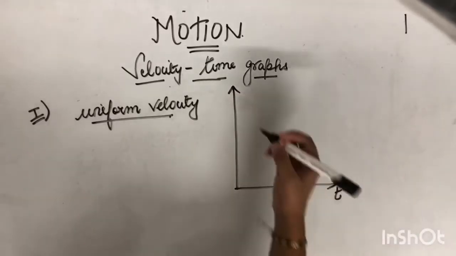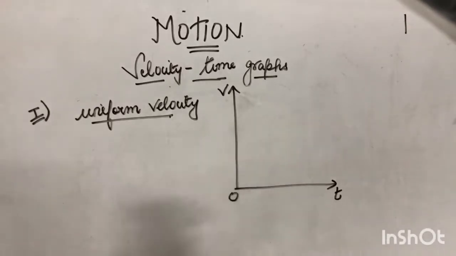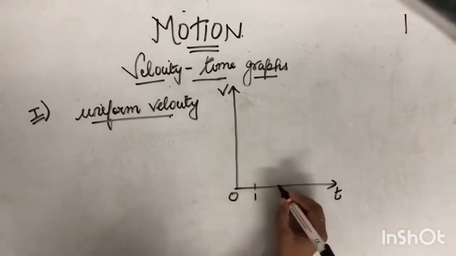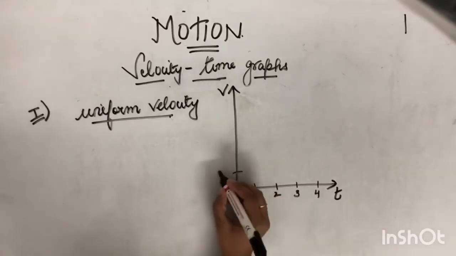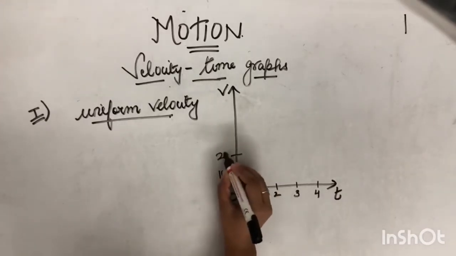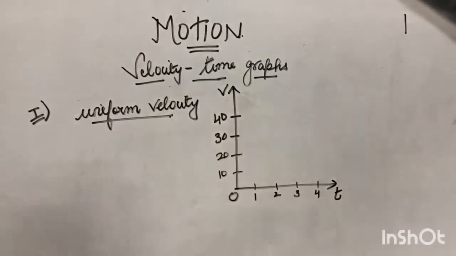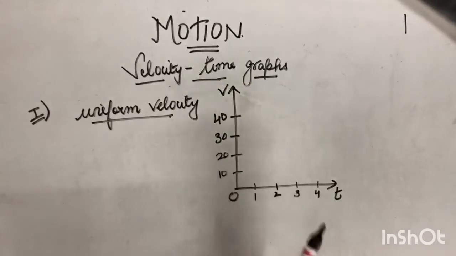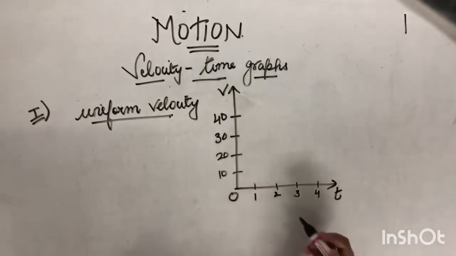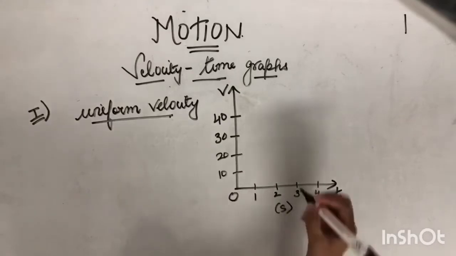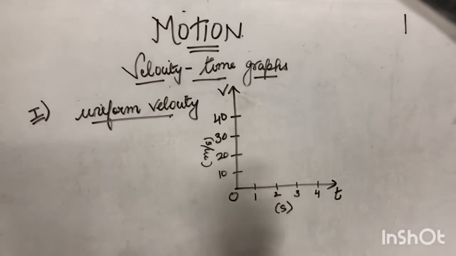Time on the x-axis, velocity on the y-axis. This is the origin. Now 1, 2, 3, 4, and 10, 20, 30, 40. Now the body is moving with a uniform velocity of 30 meters per second, meaning the velocity of the body is constant.